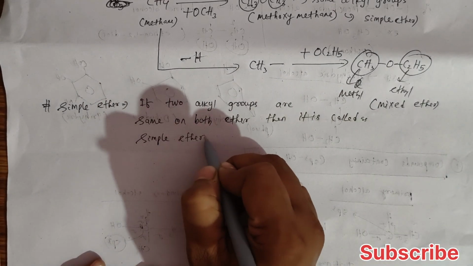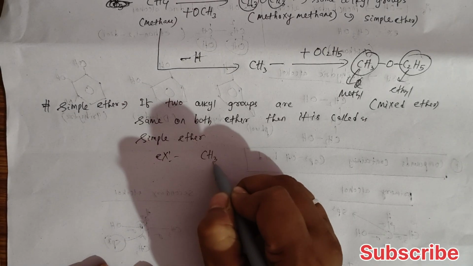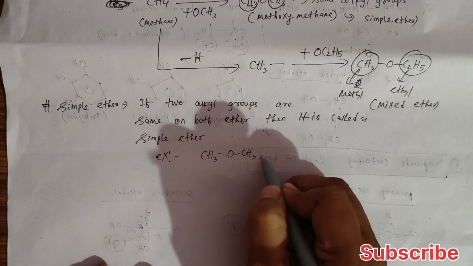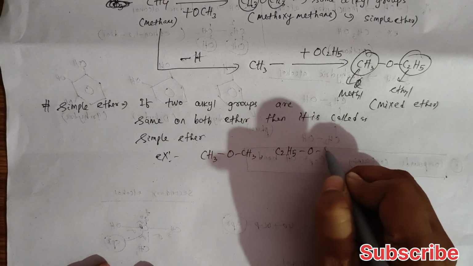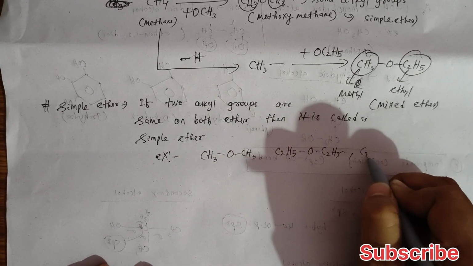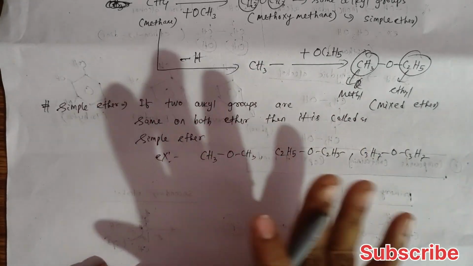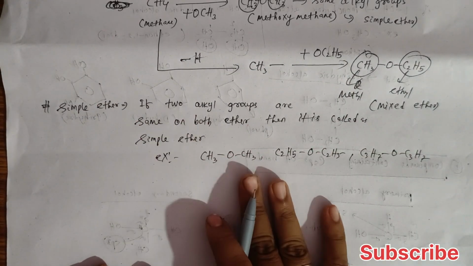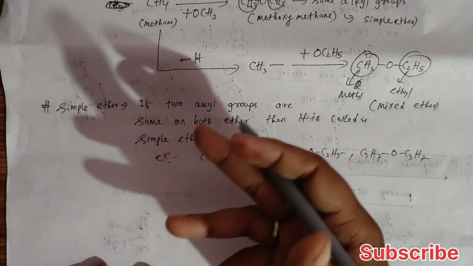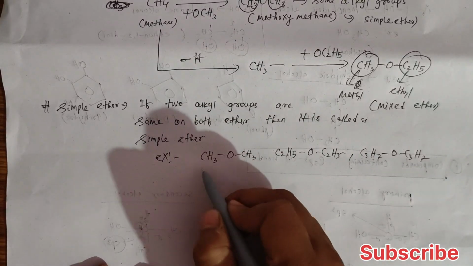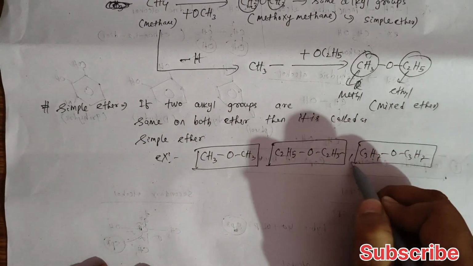Examples are CH3OCH3, C2H5OC2H5, C3H7OC3H7. After this class we will cover our nomenclature part. So forget the nomenclature. First of all, let us understand what a simple ether is. So these are our simple ethers: methoxymethane, ethoxyethane, then propoxypropane.